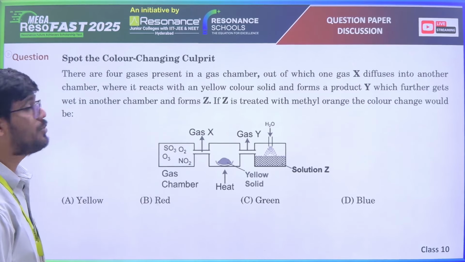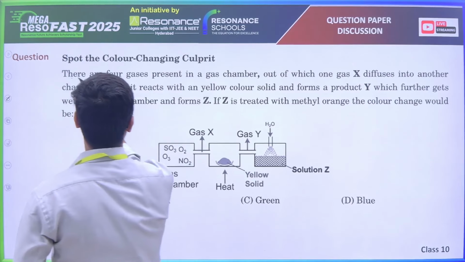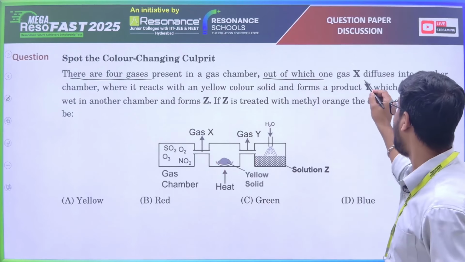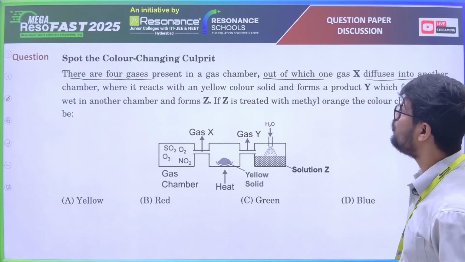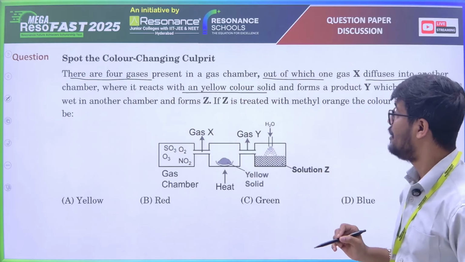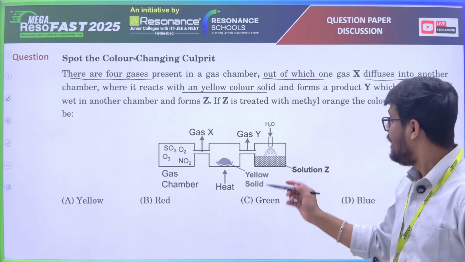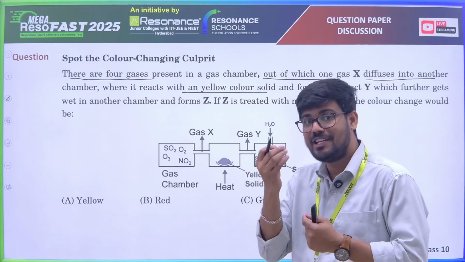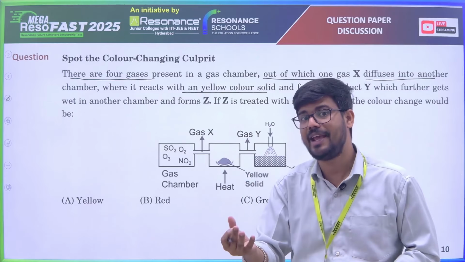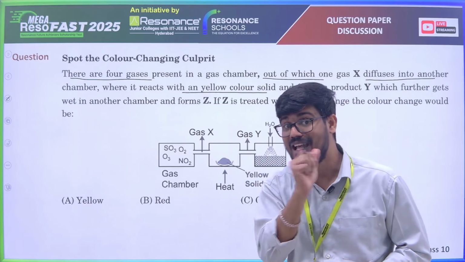Next, this question. There are 4 gases present in a gas chamber, out of which one gas X diffuses into another chamber where it reacts with a yellow color solid. Again the same concept: whenever we have a yellow color solid in inorganic chemistry, there is a high chance that it may be sulfur.